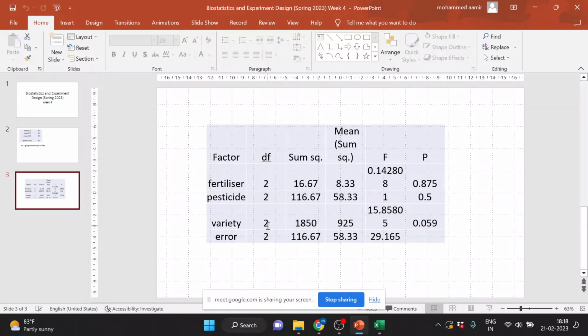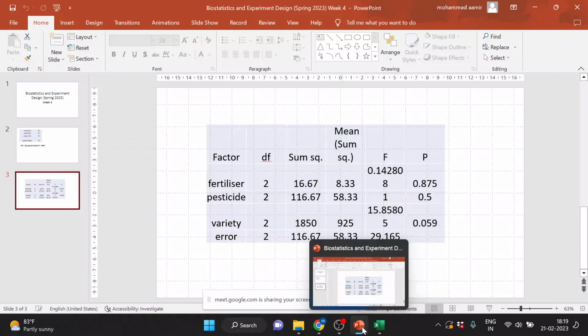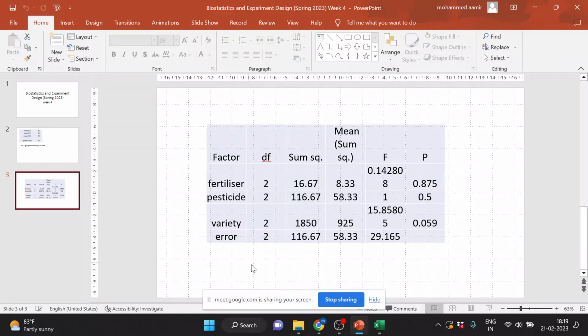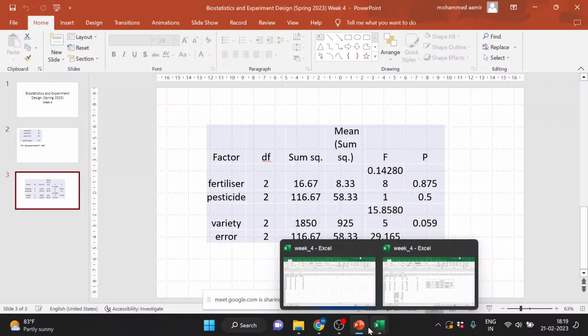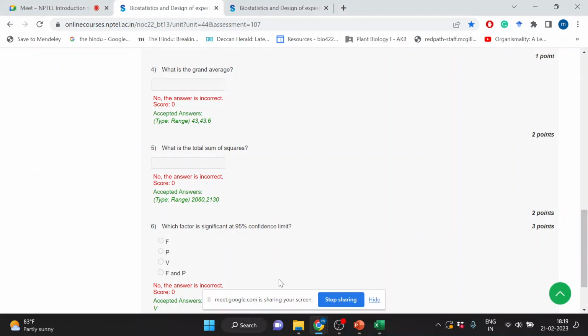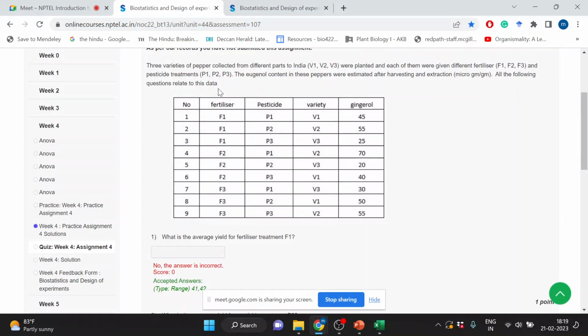Thanks. So the next is you need to calculate the sum of squares. We did a little bit of this in the last class, but here I've just mentioned values. For fertilizer, you need to calculate the mean. Let's go to the data set. For each fertilizer, you need to calculate the mean.